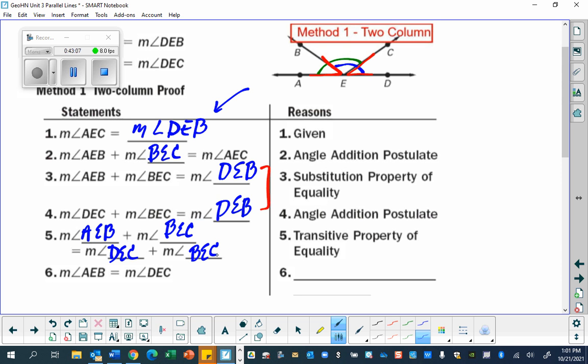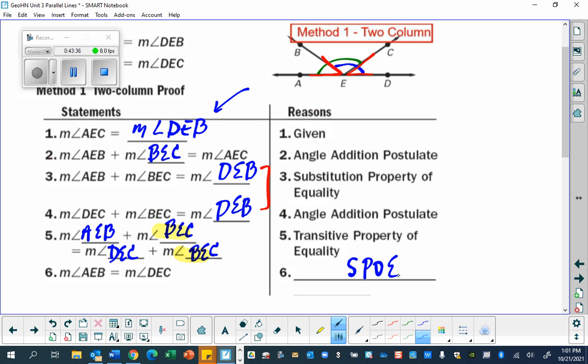And then, of course, because I have this listed twice, I'm going to go ahead and subtract those two quantities from each side. And that's going to give me what it is I set out to prove. AEB and DEC have the same measure. Two-column proof is the most popular favorite way because it goes down systematically one at a time, one at a time, one at a time.